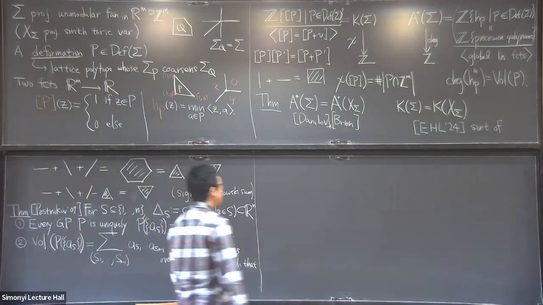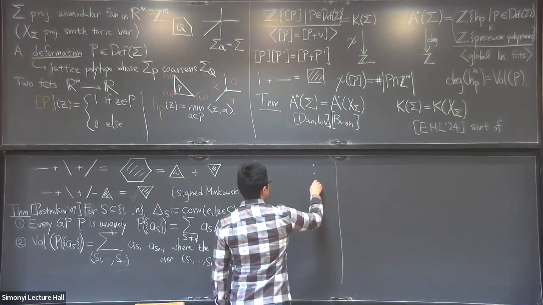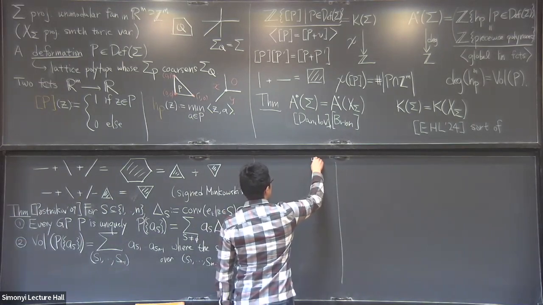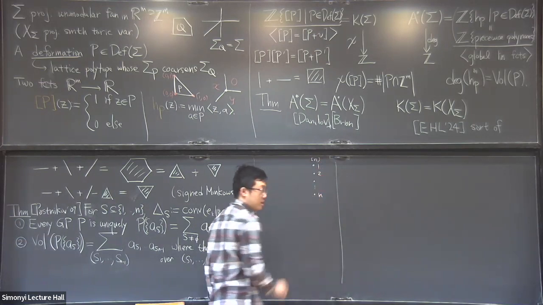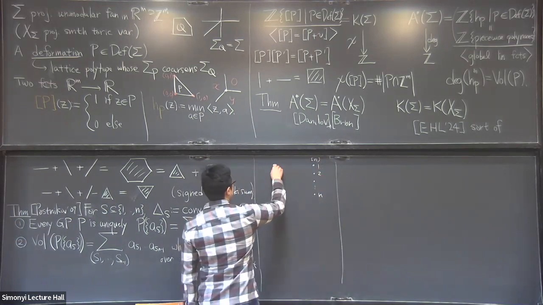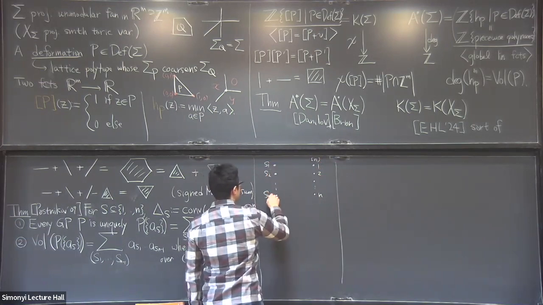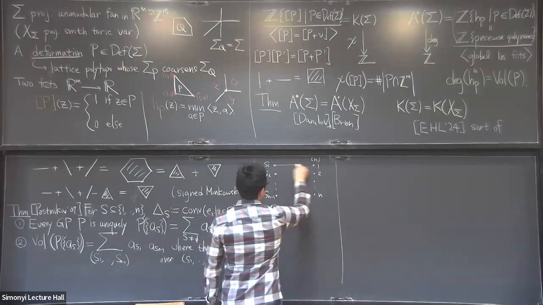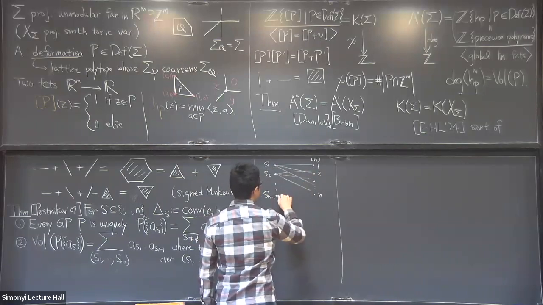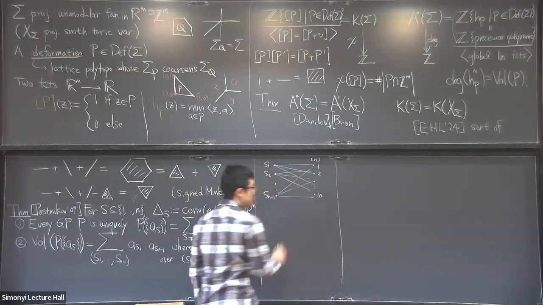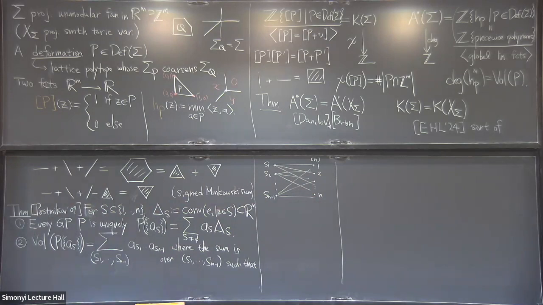Let me just draw it instead of writing out the whole thing. So okay, on one side here is n. So 1, 2, dot dot dot n. On the other side, there are S1, S2, up to S_{n-1}. And the S's being subsets, we get some bipartite graph, just keeping track of which element is in which subset.